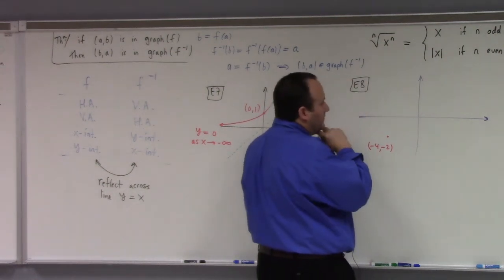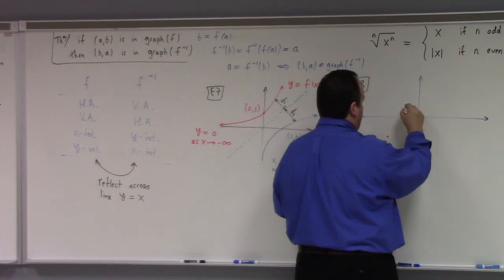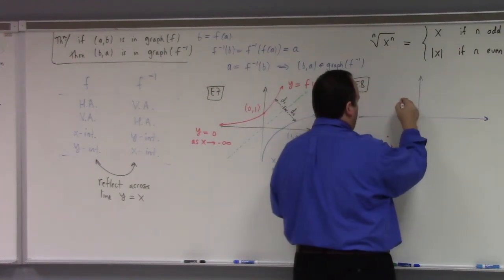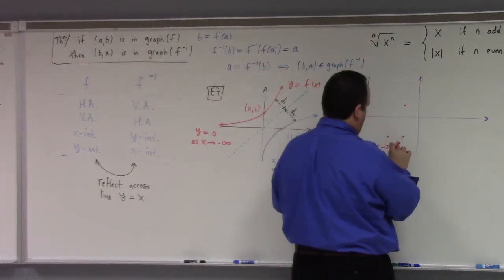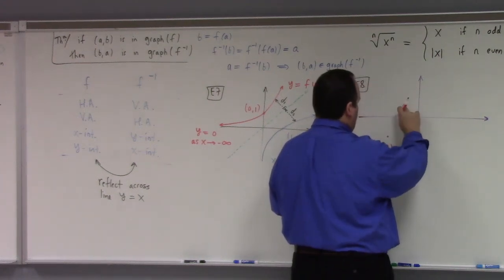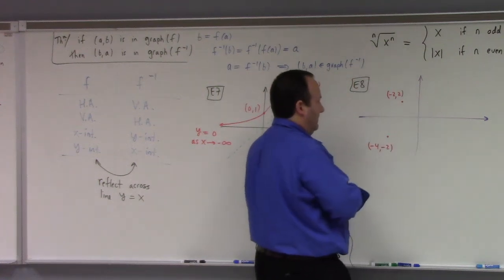Then I'm going to go to, let's say here, which maybe would be, let's see if I did it right. That point might be, say, -2, 2.